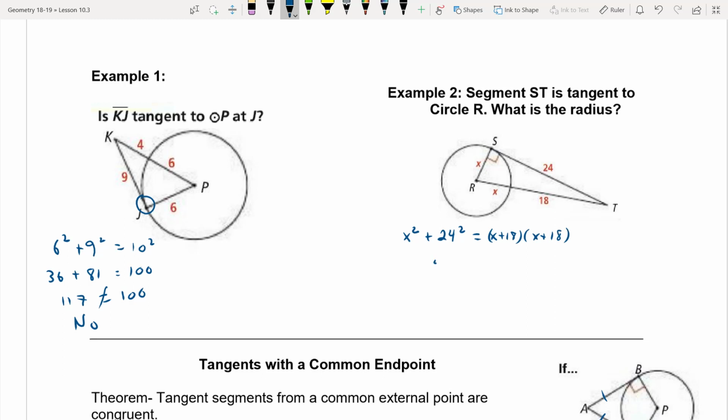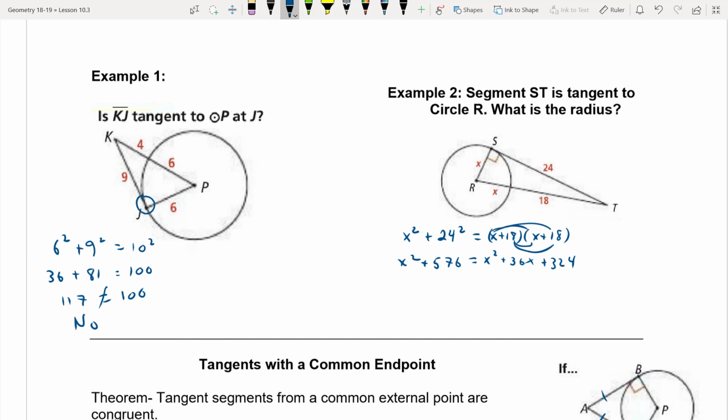24 squared is 576, and I've got x squared, and then I've got x squared plus 18x plus 18x, so 36x, and then I've got 18 squared, which is 324.